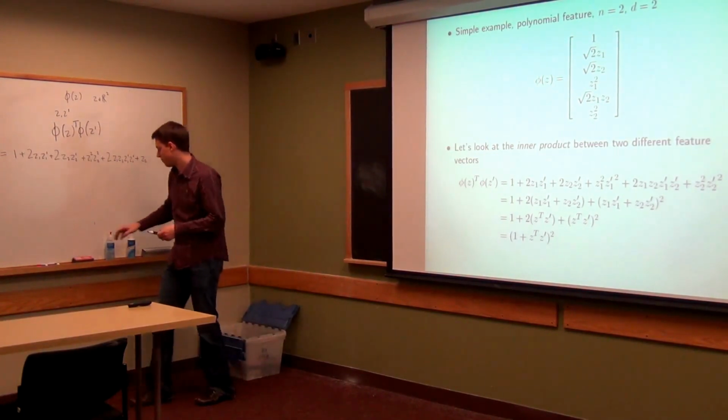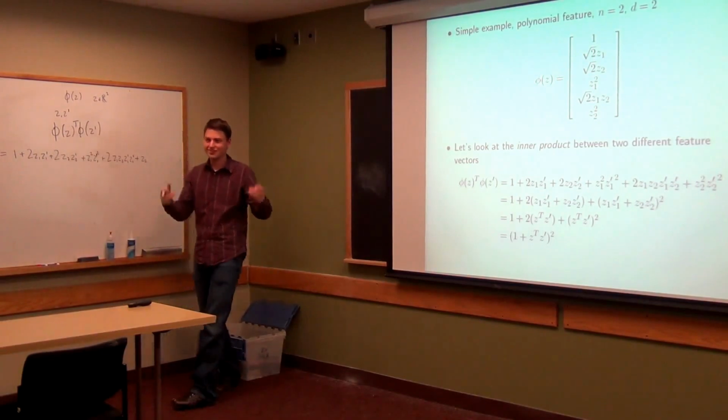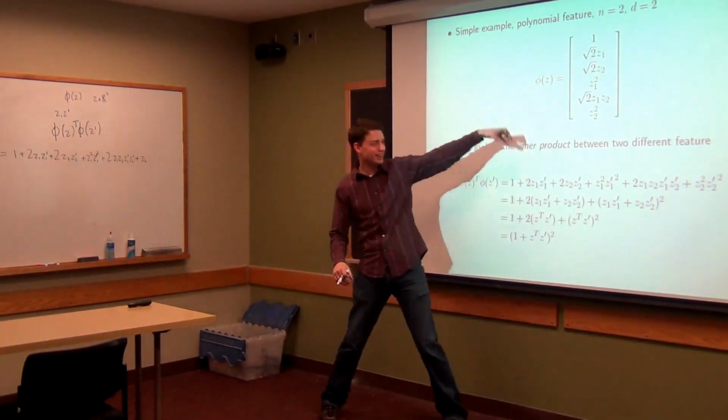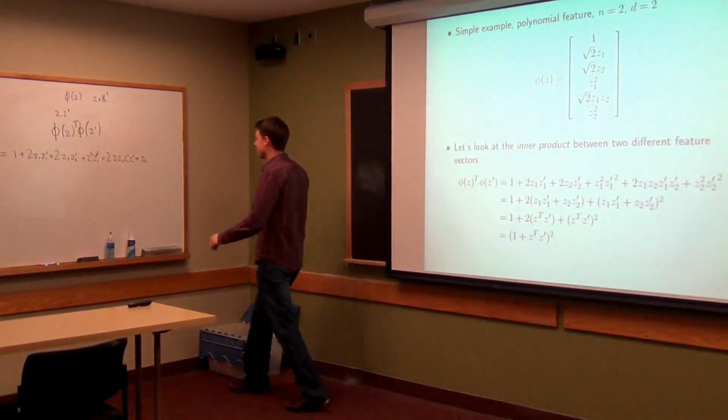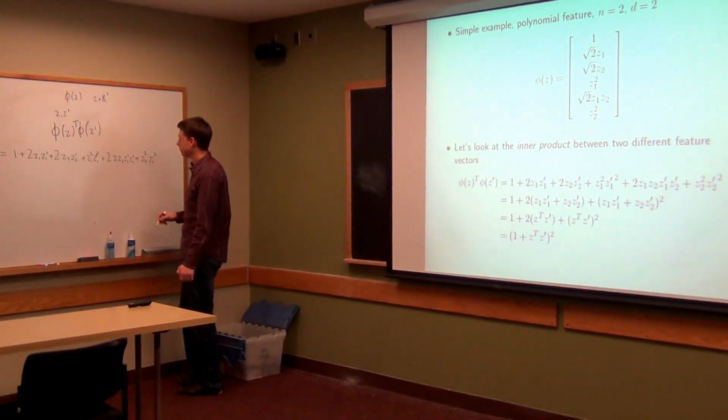Sorry, I messed this up. This is supposed to be z1. Good call. So even I make mistakes when I start writing out long expressions like this. Plus z2 squared and then z2 prime squared.